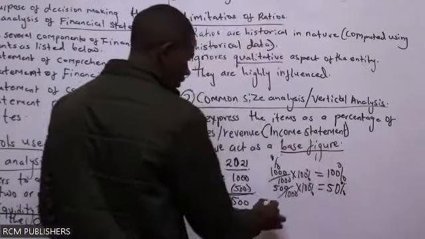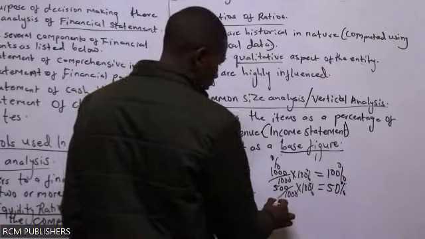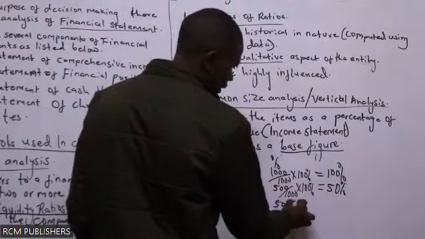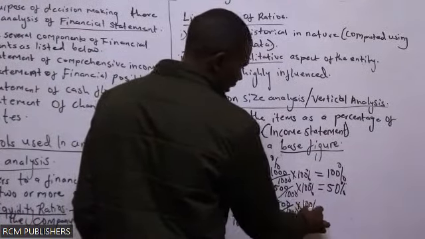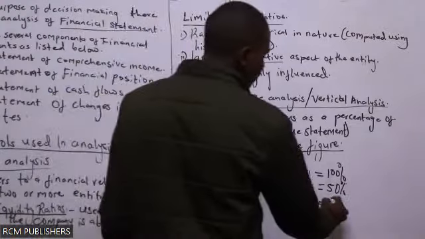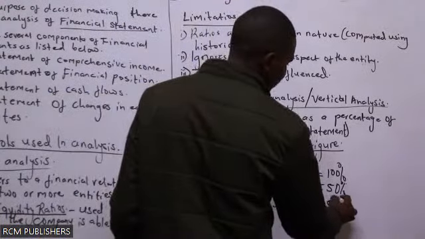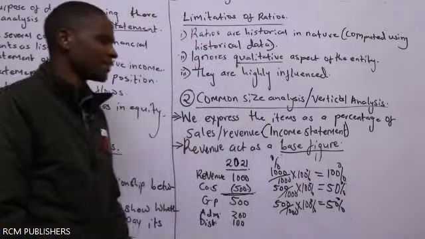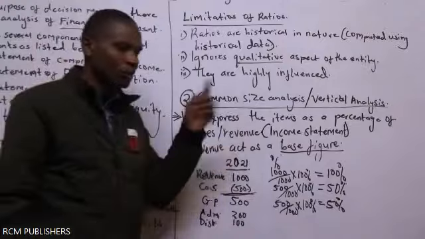50%. So I think our cost of sale and gross profit are the same. 500 divided by 1,000 times 100 is very easy. So this will give me 50%. And it is true, if you look carefully, I want you to see the essence of what we are trying to do here.